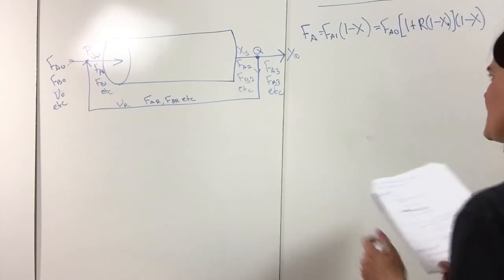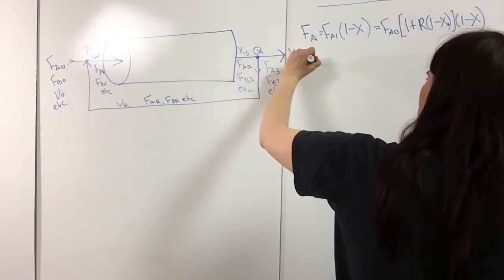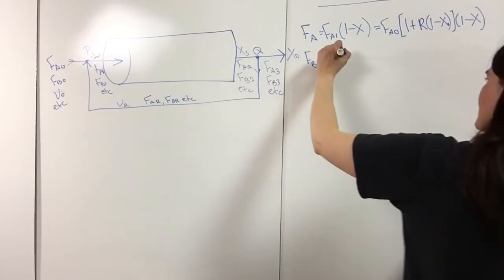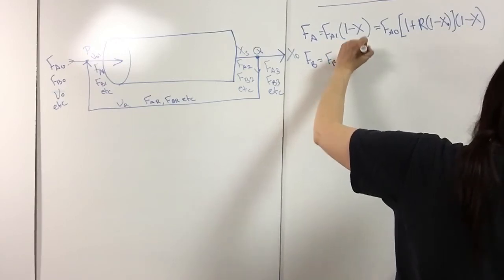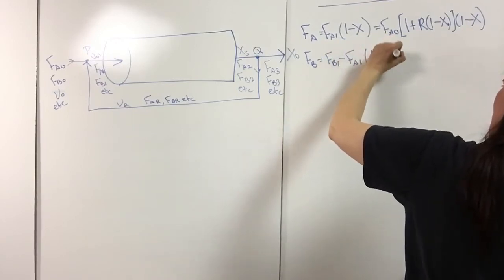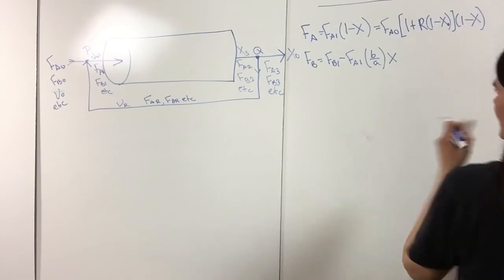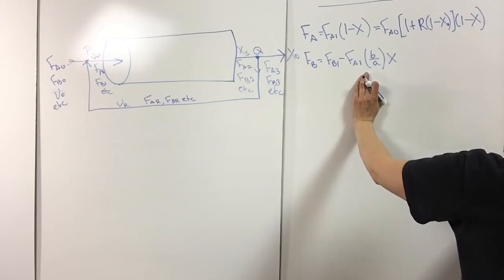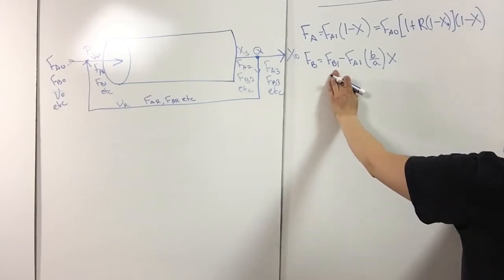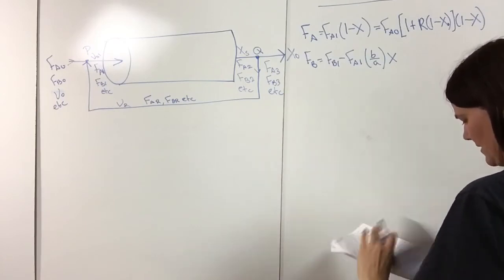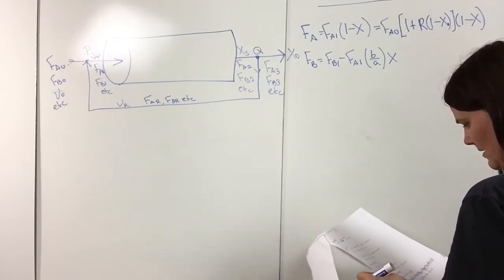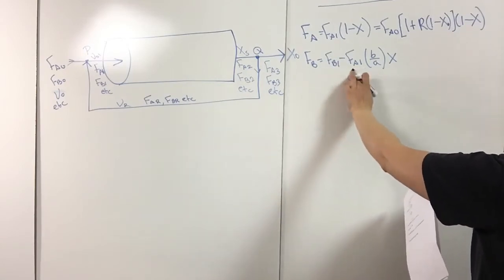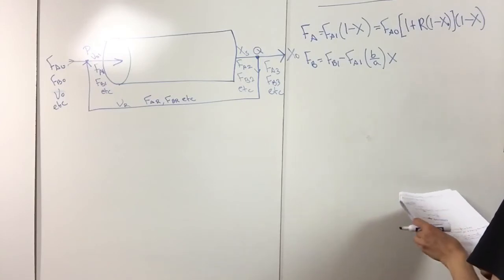And then we can also write an equation for FB. So we know that FB is equal to FB1 minus B over A FA1 X. We already derived an equation for FB1 and FA1, so we can plug those in.